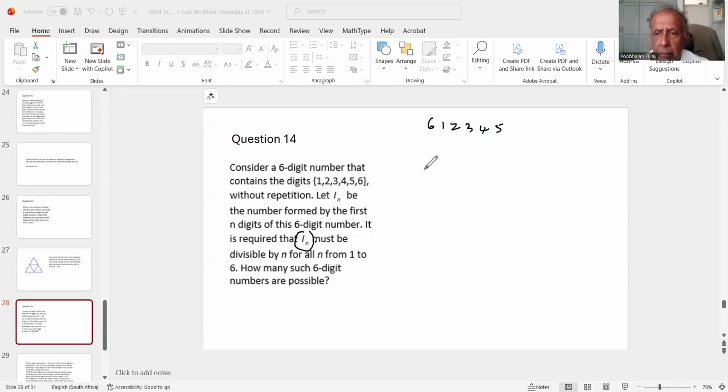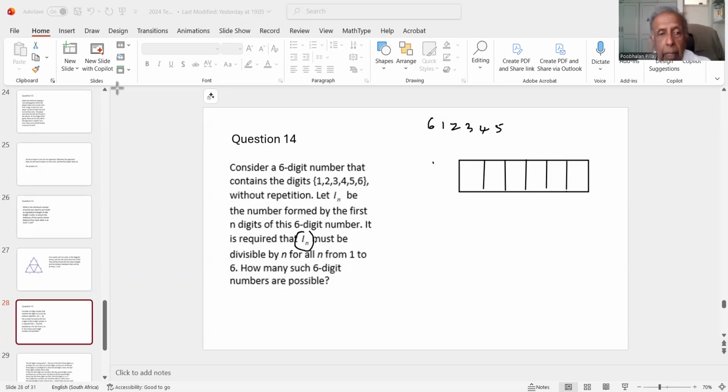So if you got a 6-digit number, I'm going to draw a 6-digit number. And I'm going to populate this with 6 digits. All right, so I'm going to put my digits inside here.